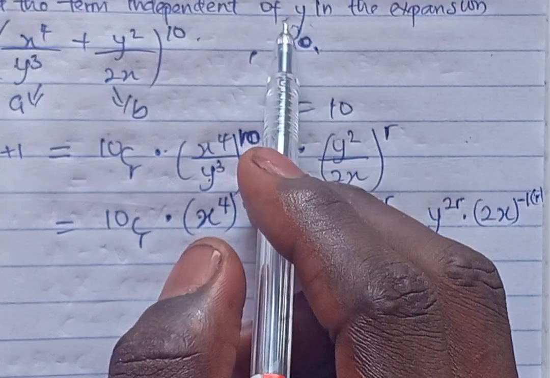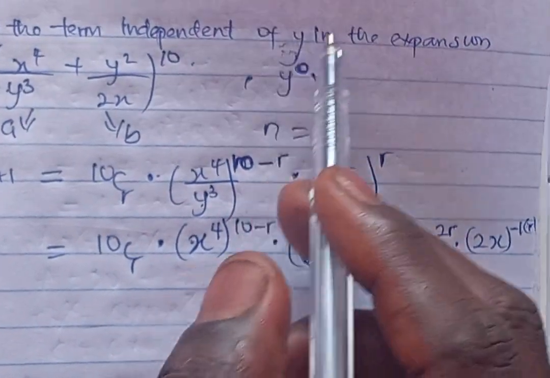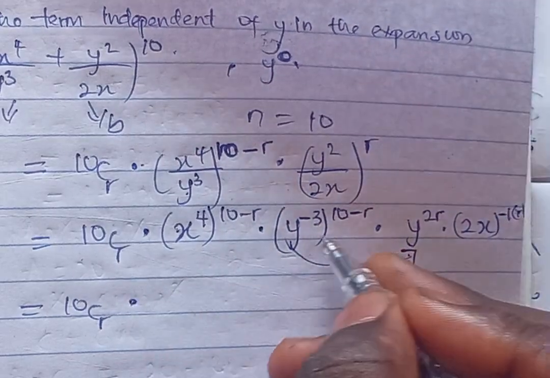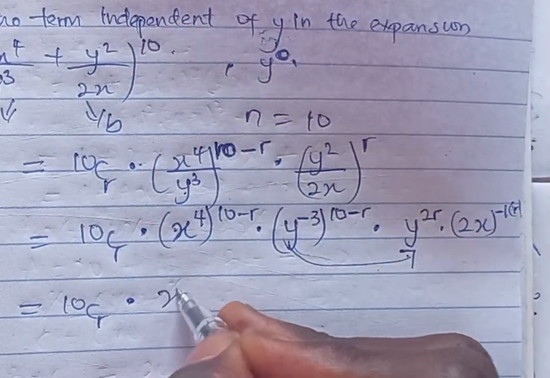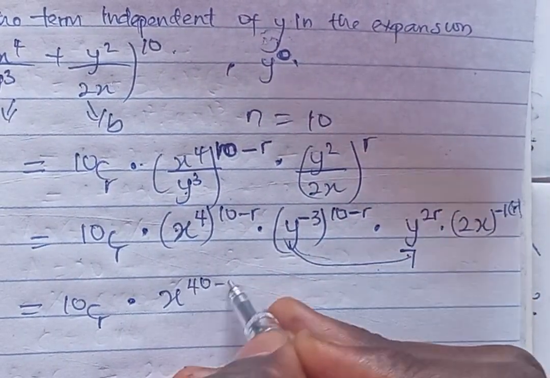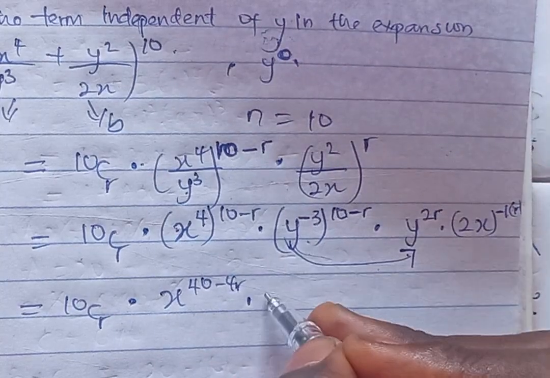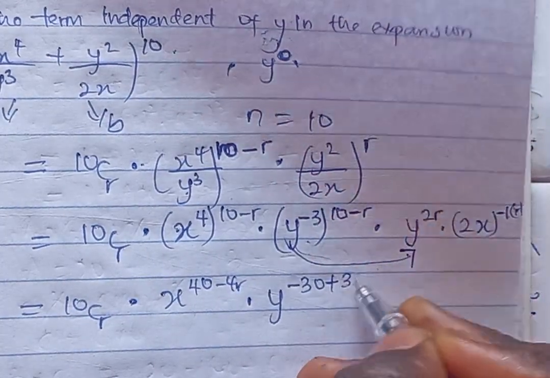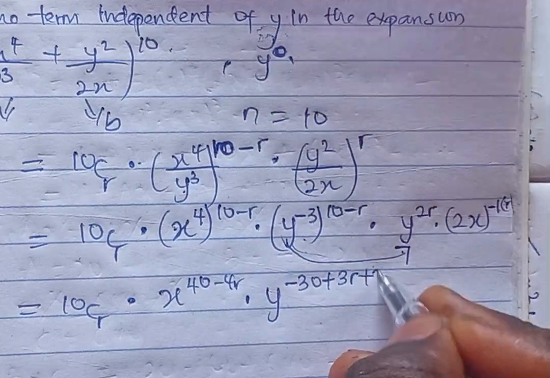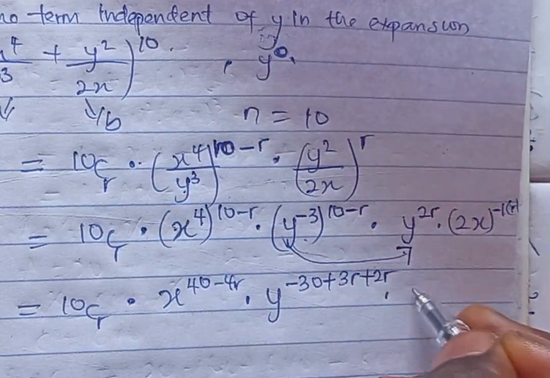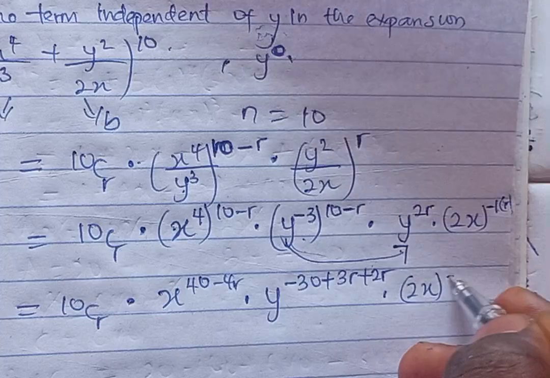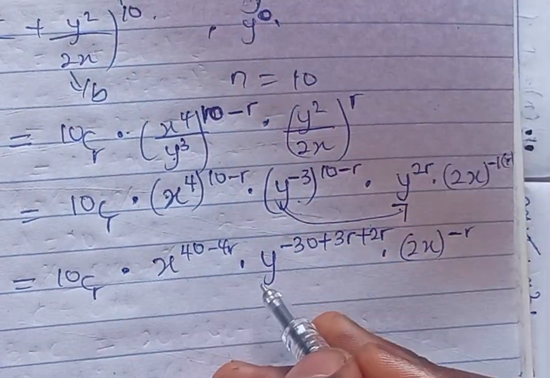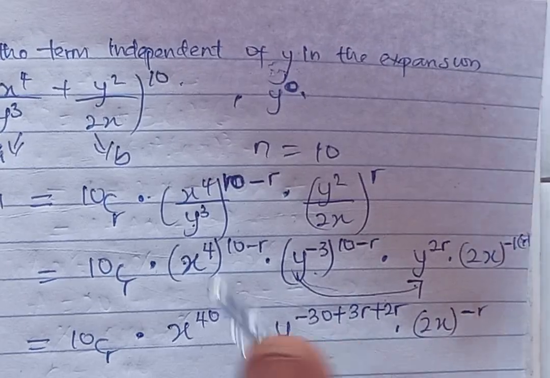If you check out the previous video, I think I solved this type of question before. Okay, now 10 combination r dot, I can combine this y together, x raised to power 4 times 10 minus 4r dot, and your y will be y into minus 30 plus 3r plus 2r dot 2x into minus r.